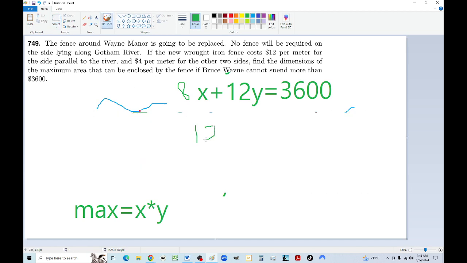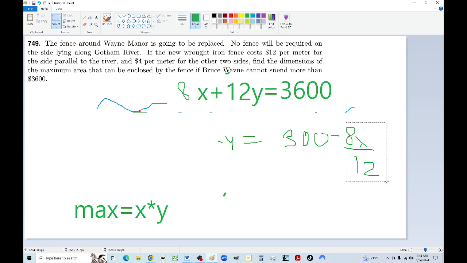So it's 12Y is equal to 3,600 minus 8X. And then we're going to divide both sides by 12. So you get 3,600 divided by 12 is 300. And then this 8x over 12 can be simplified to minus 2x over 3.